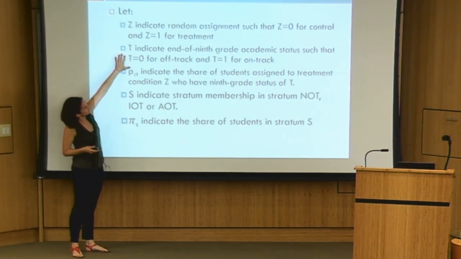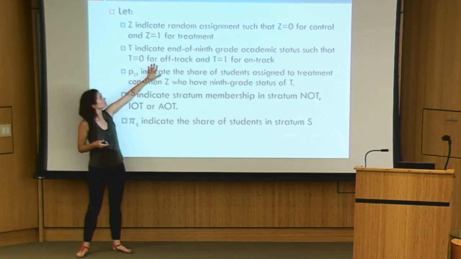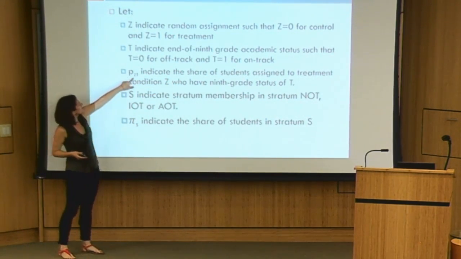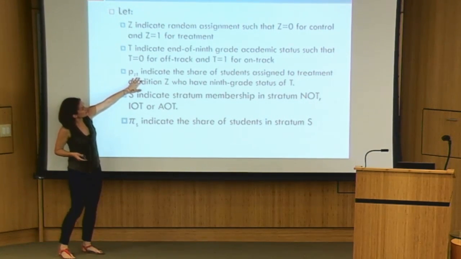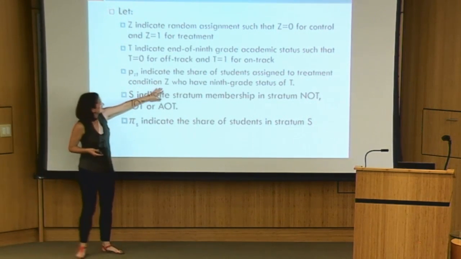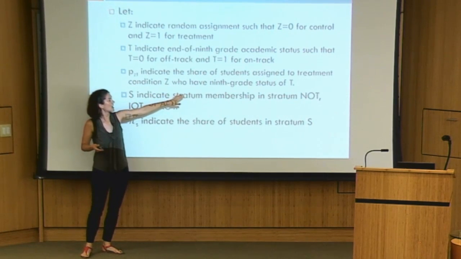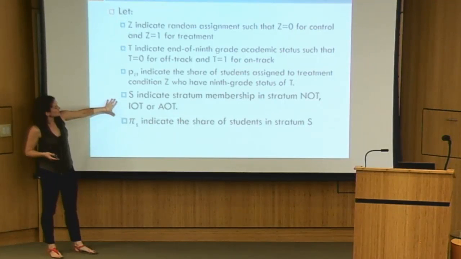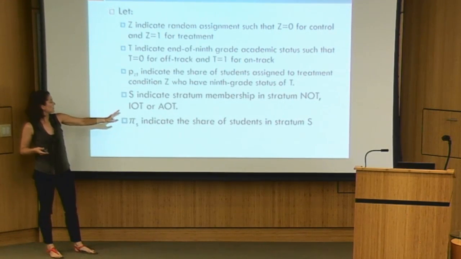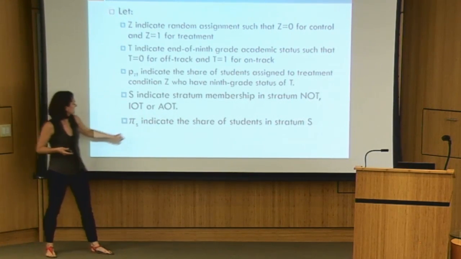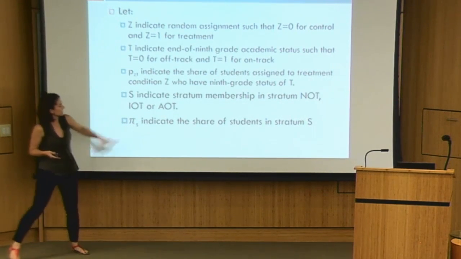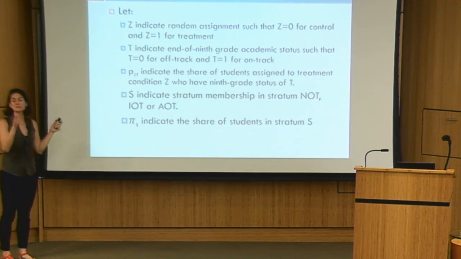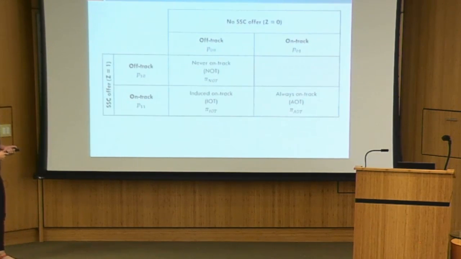T indicates whether somebody is off track, T equals 0, or on track, T equals 1. P sub ZT indicates the share of students assigned to treatment condition Z who have ninth grade on track status T. And S indicates strata membership in the strata NOT, IOT, or AOT, and pi sub S is going to indicate the share of students in stratum S. So we'll use this notation a lot as we go through.